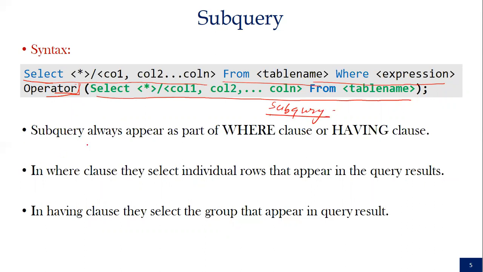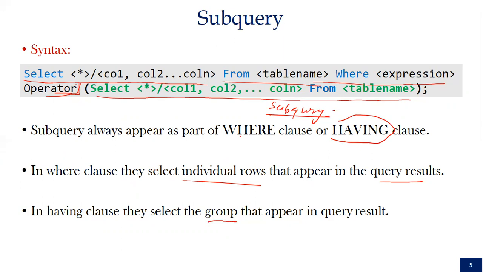A subquery always appears as a part of the where clause or having clause. If we are using a subquery in the where clause, then it will select individual rows that appear in the query result. If you are using it in the having clause, then it will select the groups that appear in the query result.